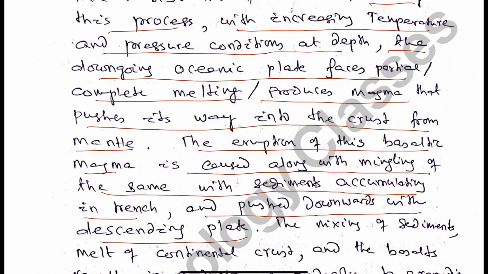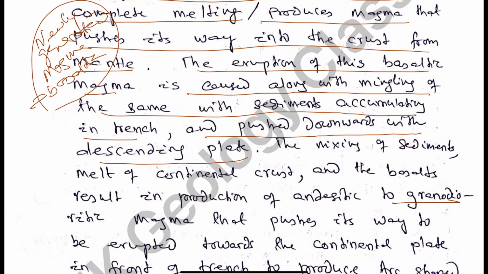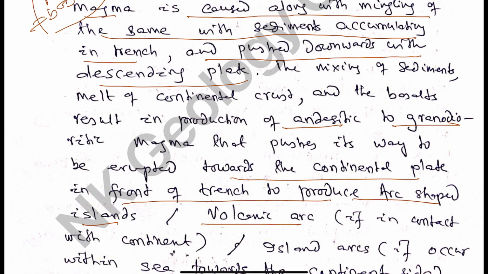So there is mixing of the newly generated magma, which is basaltic, that mixes with sediments and the continental crust, as a result of which the composition changes to granodioritic or to andesitic, and this granodioritic or andesitic magma erupts to produce the volcanic arc, and this eruption takes place towards the continental plate, and it takes place in front of the trench to produce arc-shaped islands or volcanic arc.